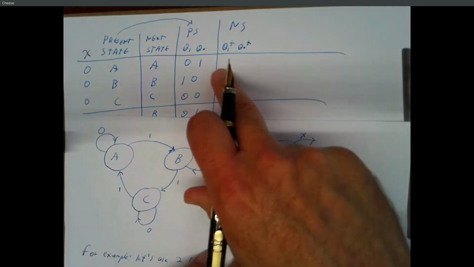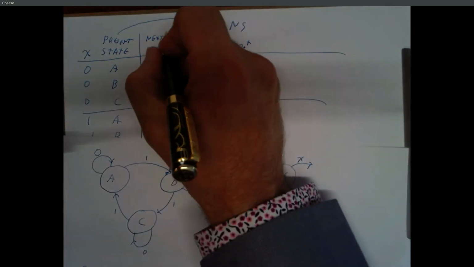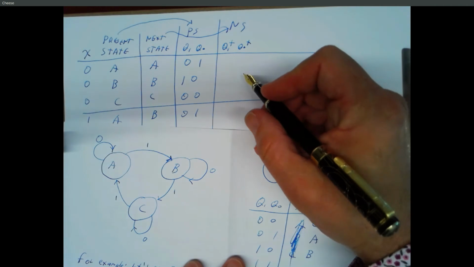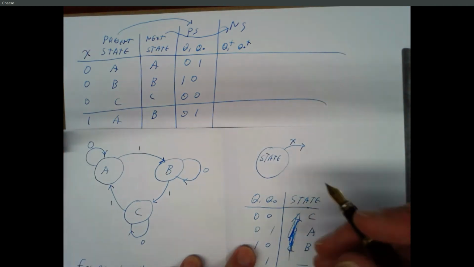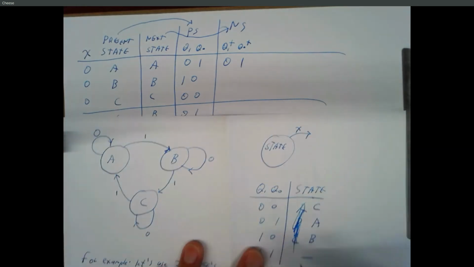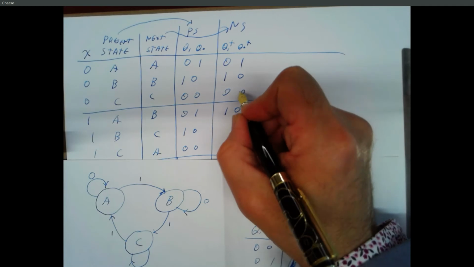All right, next state, Q1 plus, Q0 plus. So I'm going to look at the next state and just fill in what that state is in terms of Q1 and Q0. So A is 0, 1, B is 1, 0, and C is 0, 0.